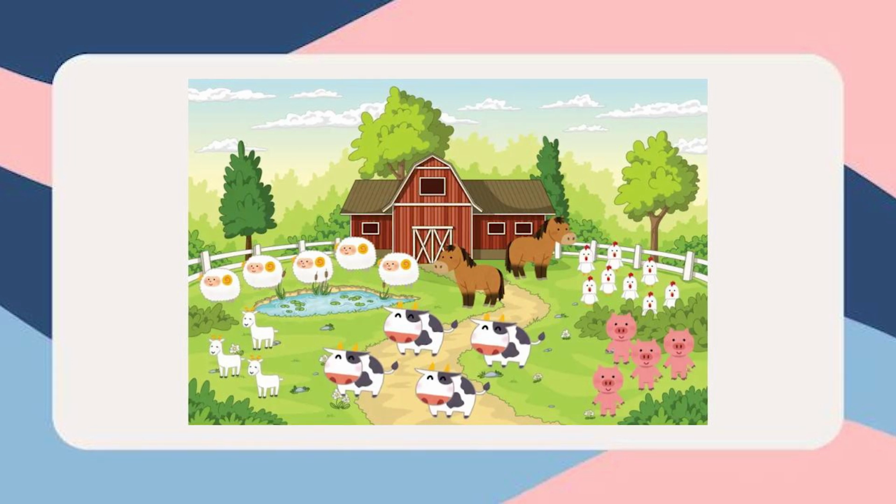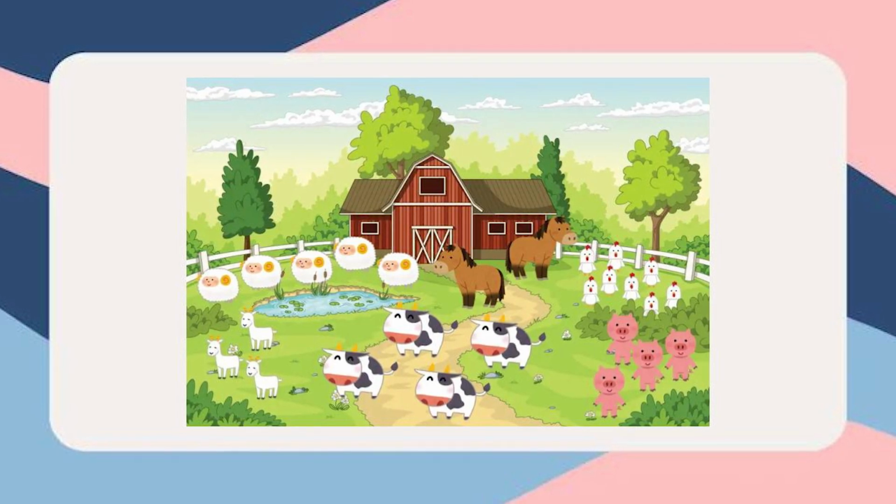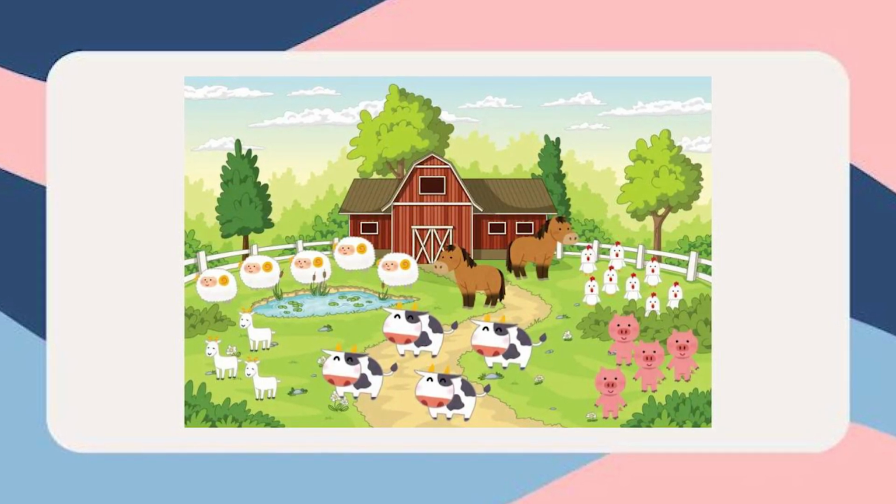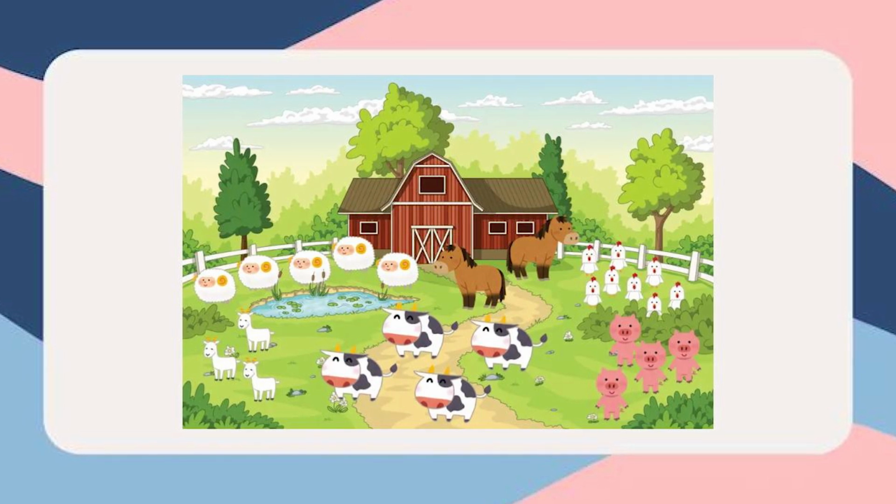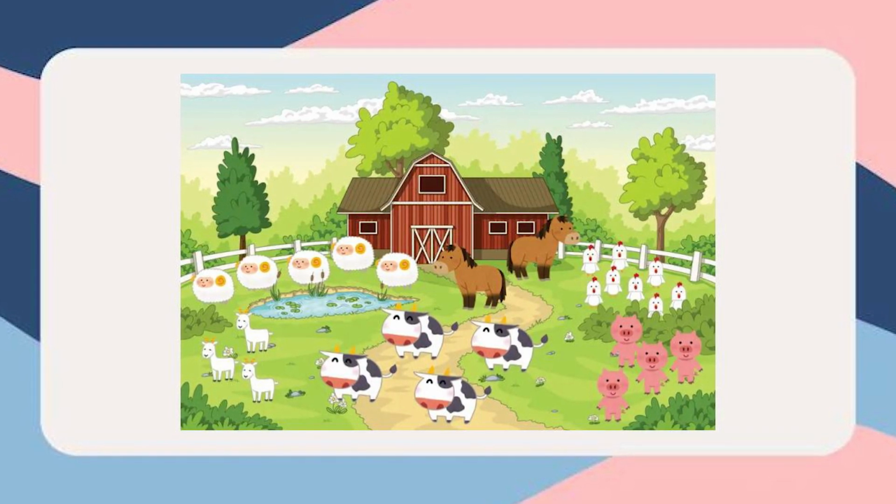Let's recite a poem on farm animals. This poem is there in your book, chapter 3, A Farm. Children, do you know what a farm is? A farm is a place where crops, fruits, vegetables are grown, and animals also live there, which helps a farmer in many ways. So, are you ready to recite the poem, A Farm?